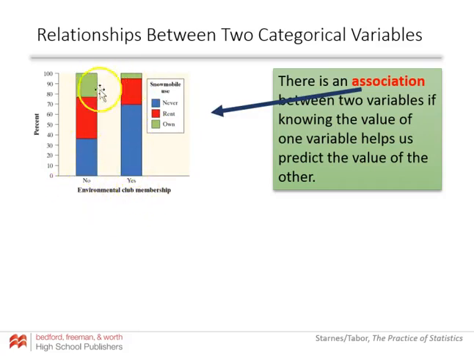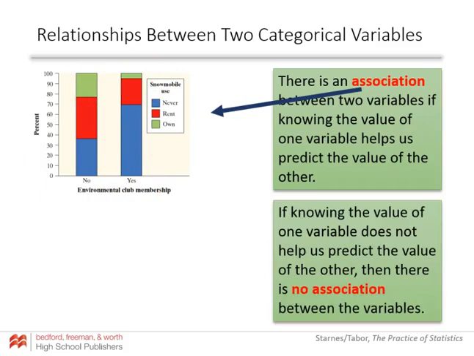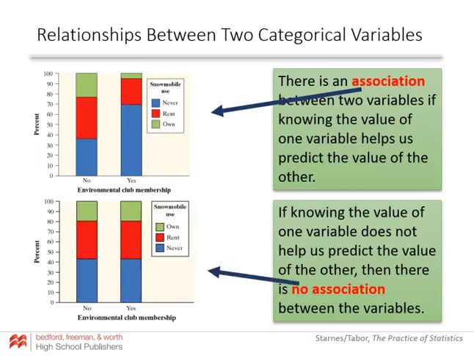The own category is very different between the two groups. So we can say that there's an association there. People in the environmental club were way less likely to use a snowmobile. If there was no association, then the graph might look something like this, where they are very similar and all of the different colors are roughly the same size.